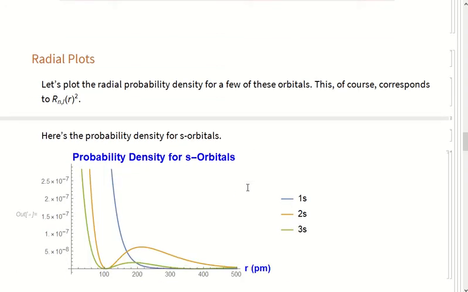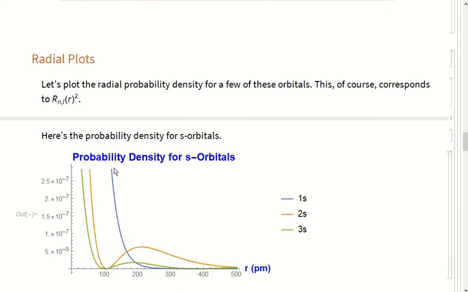So here we have some plots which show the probability density associated with the radial component, and that means we're just squaring the radial component because all of these components are real that we're looking at. Here we have it for s orbitals, the 1s, the 2s, and the 3s.